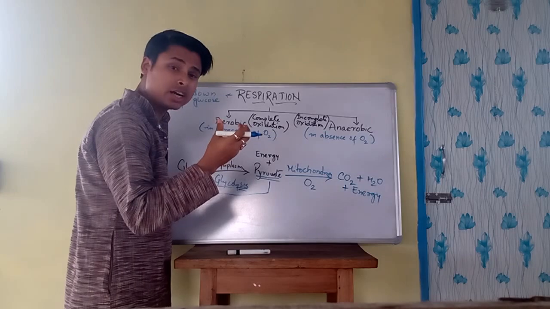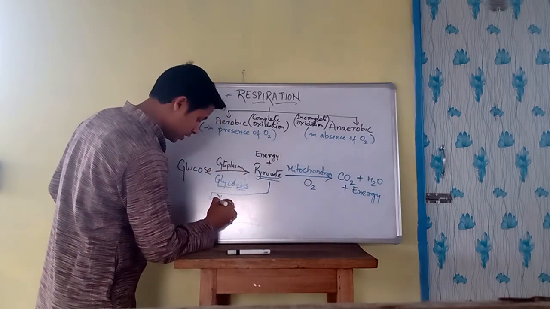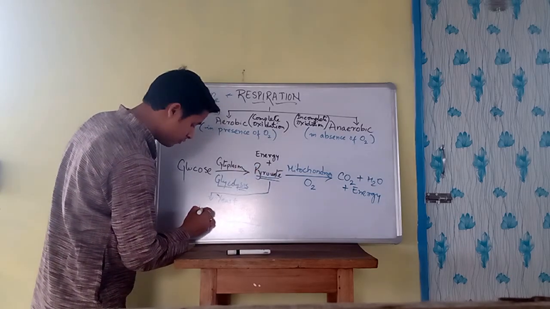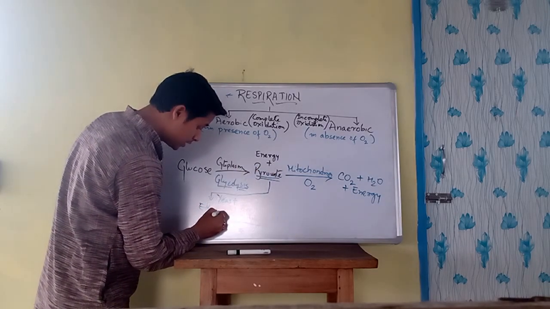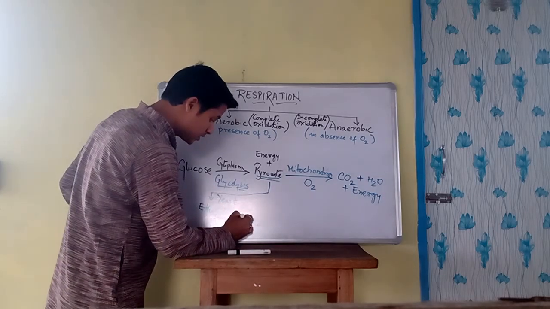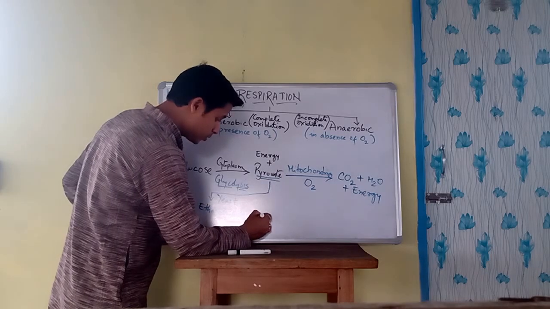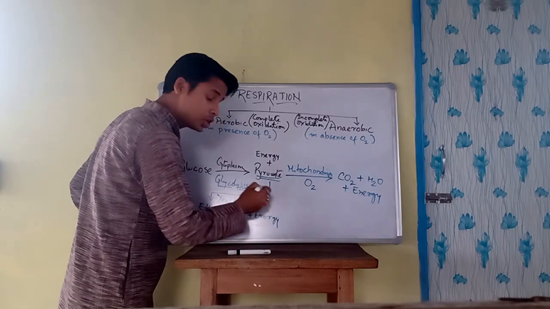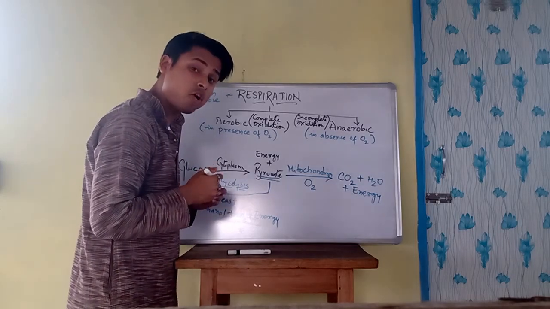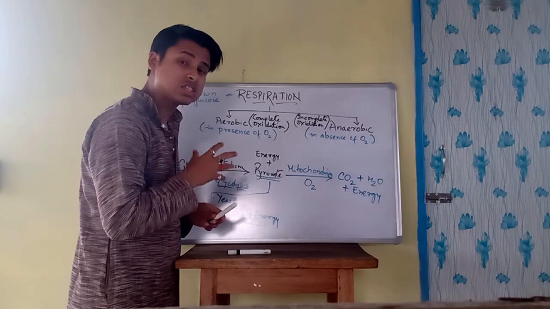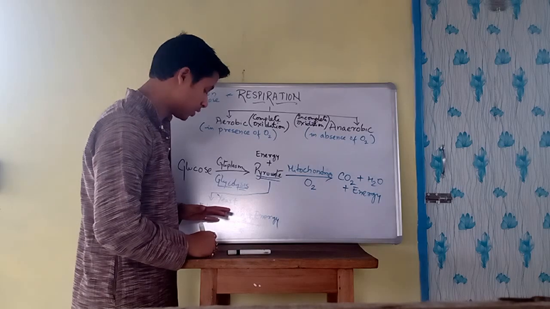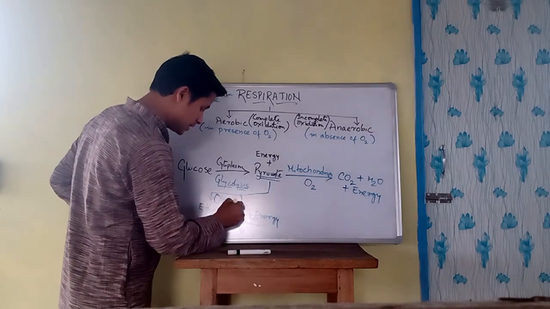Yeast can't take oxygen, so in the absence of oxygen, yeast breaks down this pyruvate and forms ethanol, that is alcohol, and along with the ethanol it releases carbon dioxide and forms energy. If you remember, this is called the fermentation process, which is happening inside the yeast.